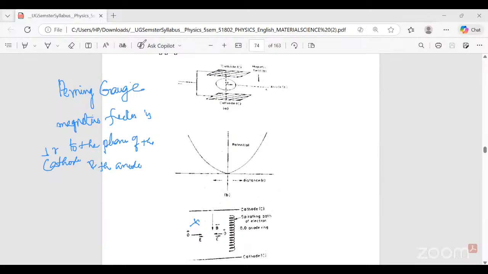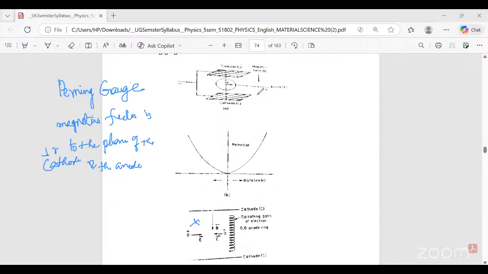This is a versatile technique where a wide range of materials like refractory materials, elements, mixtures, and alloys can be deposited. Under this method we have the electron beam evaporation technique, the pulsed laser deposition technique, and magnetron sputtering. All these come under physical vapor deposition methods.